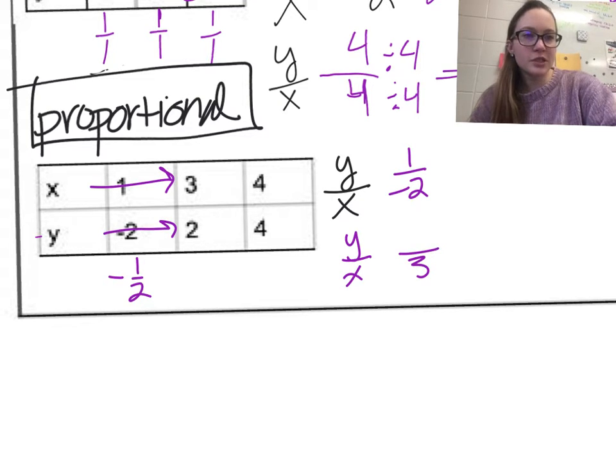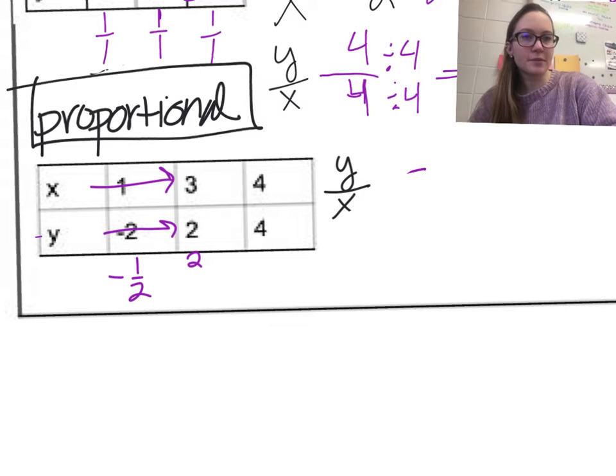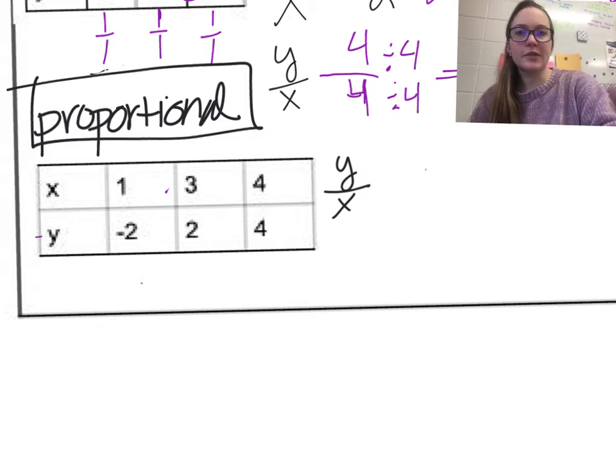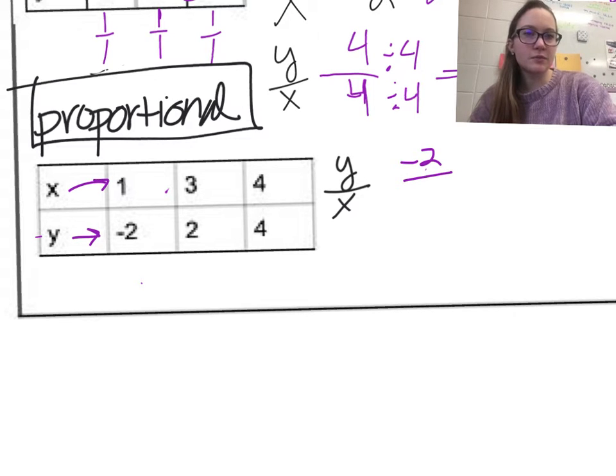My y value is 2. Okay, we get 2/3. Oh, hang on, sorry. Let me go back. Mix those up. Y over x. Sorry, I was doing x over y. Okay, so my y value is negative 2. My x value was 1. So that ratio is negative 2 over 1.